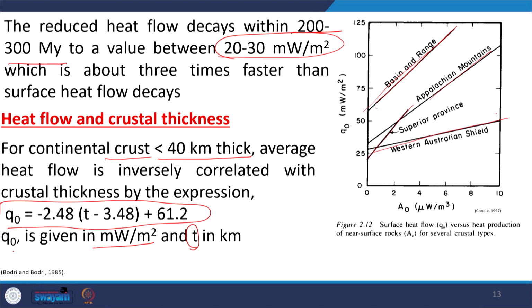So, there are different rates of heat loss or heat flow, and that depends upon the distribution of these elements, the age, when the last magmatic activities occurred, and the level of erosion, whether it is up to the upper crust, the middle crust, or the lower crust.